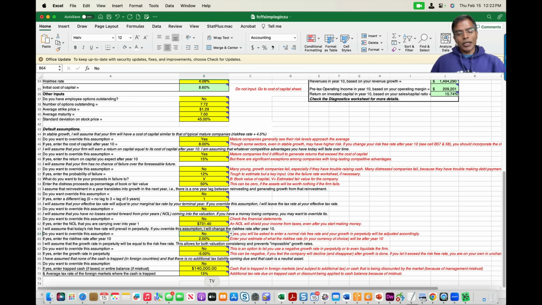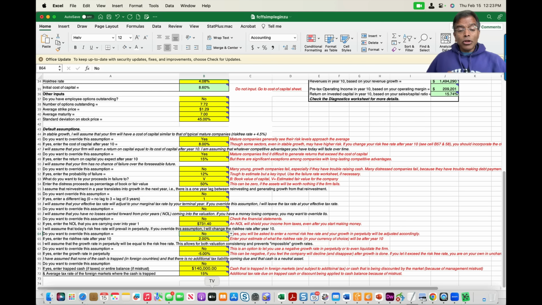But there's a catch. After year 10, when you look at the growth rate I'm using, in my default, my growth rate is set equal to your risk-free rate. So if you pick a lower risk-free rate, your stable terminal growth rate will also be set lower. But the default is whatever growth rate you see in my terminal value calculation will be set equal to your risk-free rate. Now you might want to change that assumption as well.